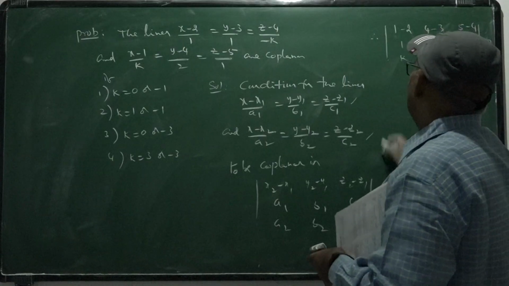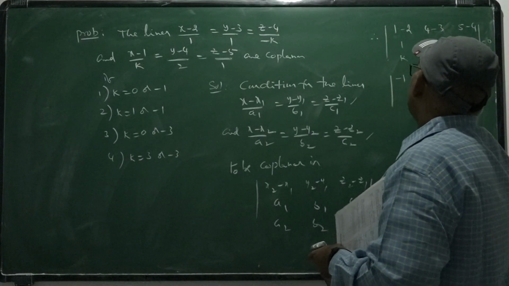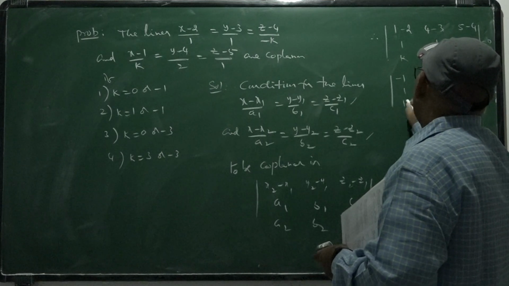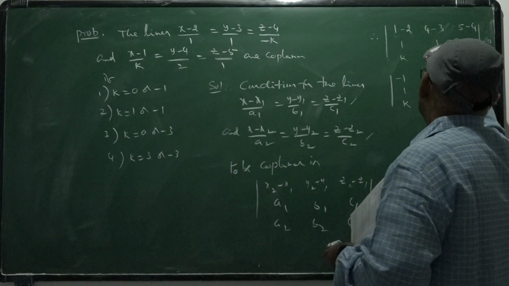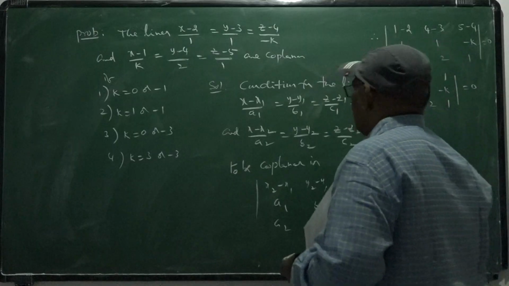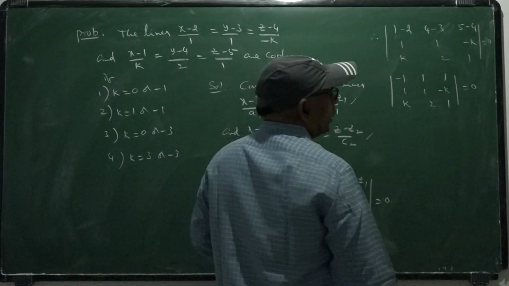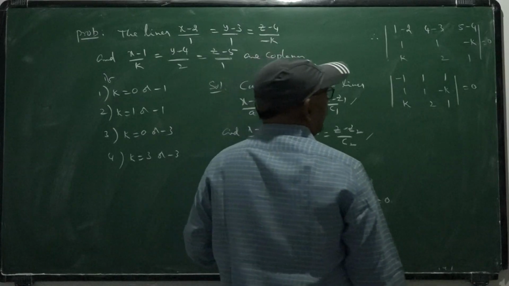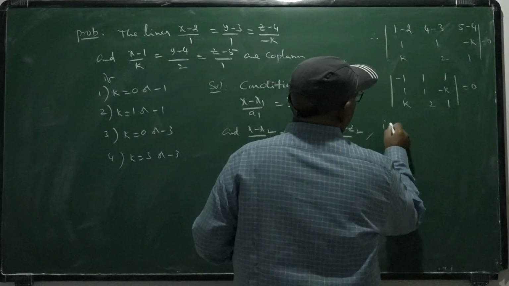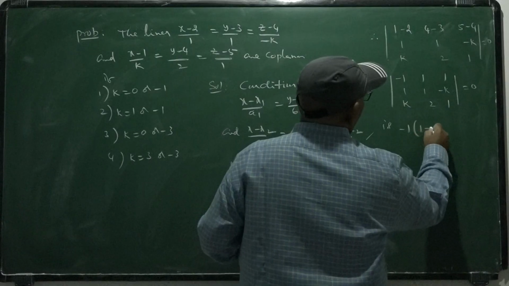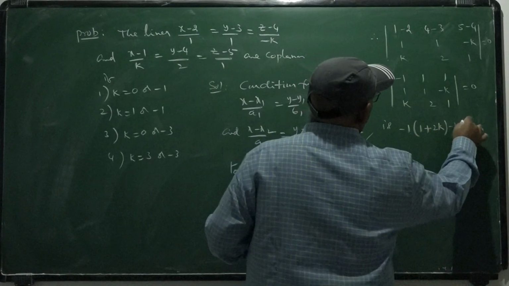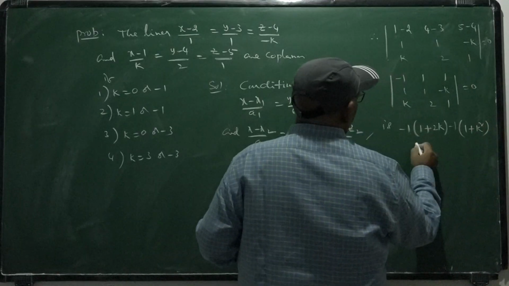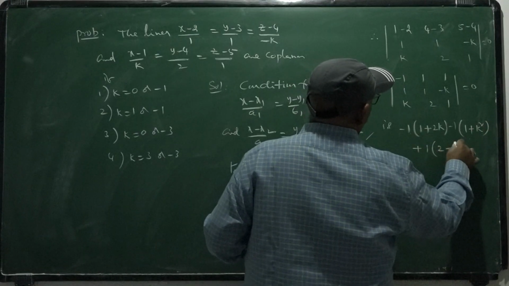So that is the determinant of minus 1, 1, 1, 1, 1, minus k, k, 2, 1 is 0. Now evaluating the determinant and making its value 0, we get the values of k. So that is minus 1 into (1 plus 2k), minus 1 into (1 plus k square), of course, plus 1 into (2 minus k) is 0.